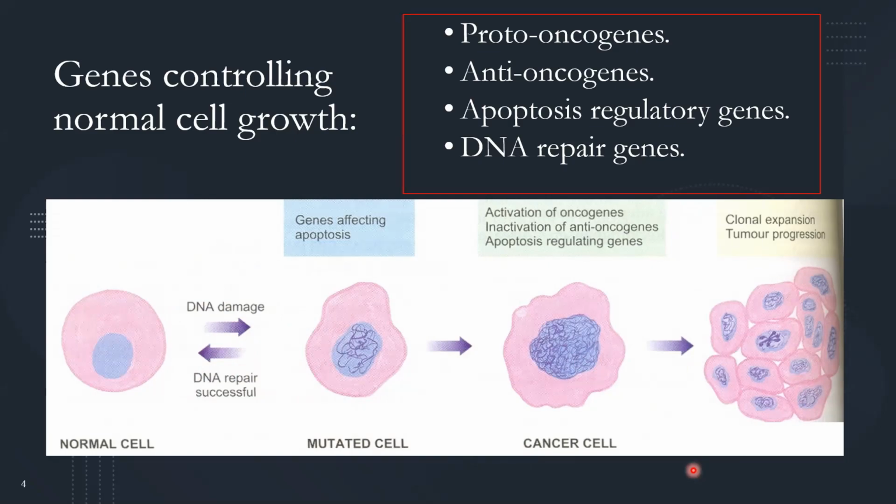So with that, we'll start with the neoplasia, which is nothing but an irregular growth of tissue, or irregular proliferation of cells to form a mass of cells. And this can be either benign or malignant.